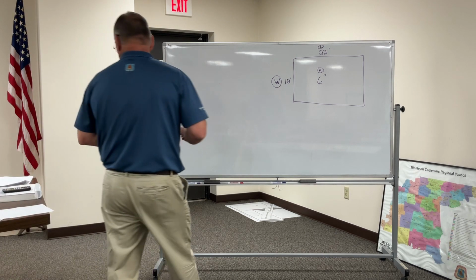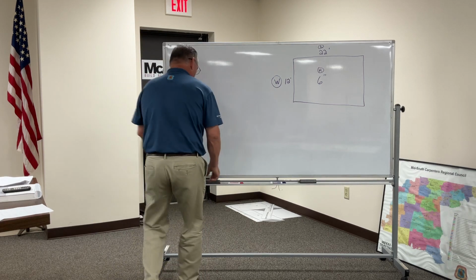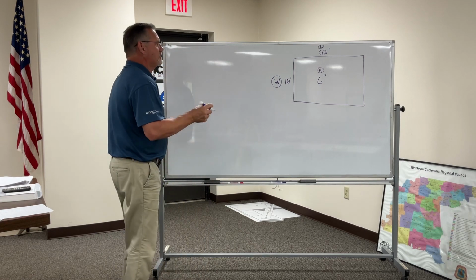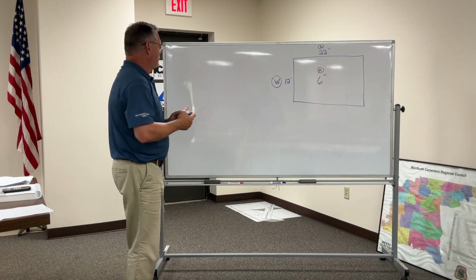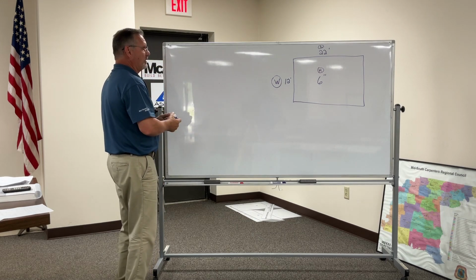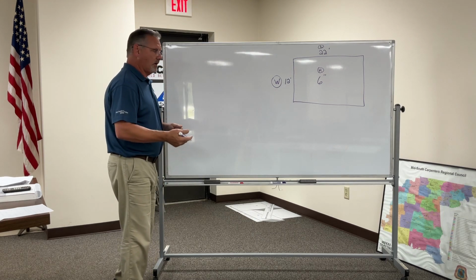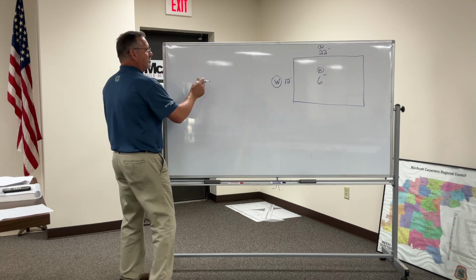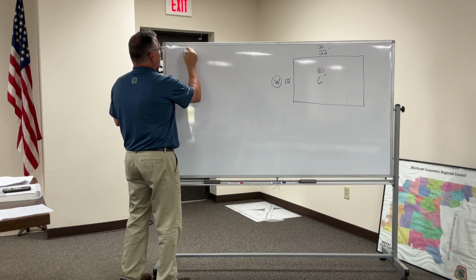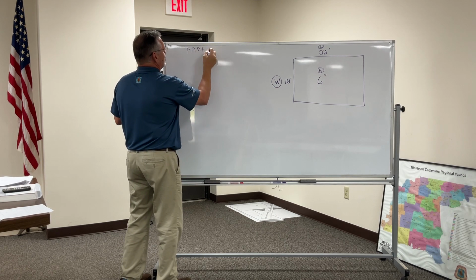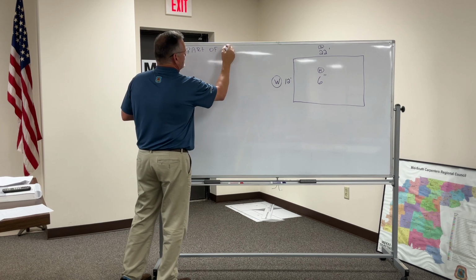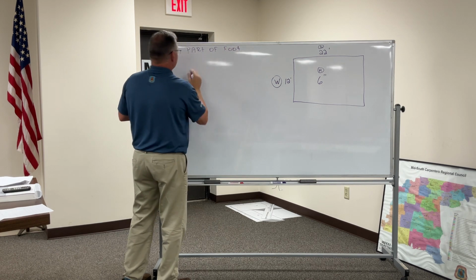All right, so what we're gonna do real quick, so I'll work this out in the formula that we established previously. So remember your 6 inches, you gotta get parts of a foot. All right, so how do we do that?